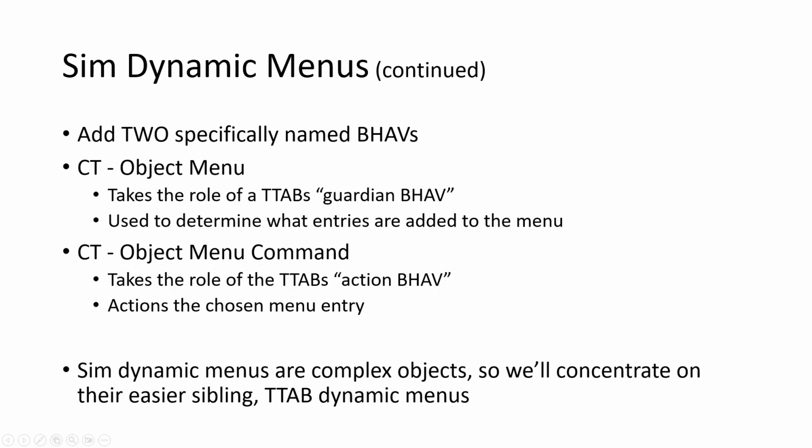One must be called CT object menu, and that takes the role of a TTAB's guardian, and that works out who you can interact with or what the interaction is. And then there's a CT object menu command which takes the role of a TTAB's action, and that action's what you did.